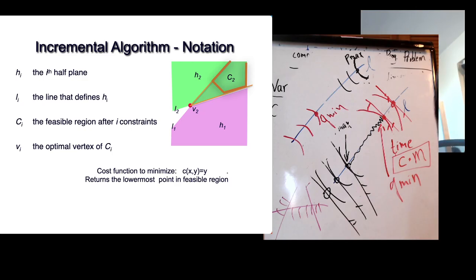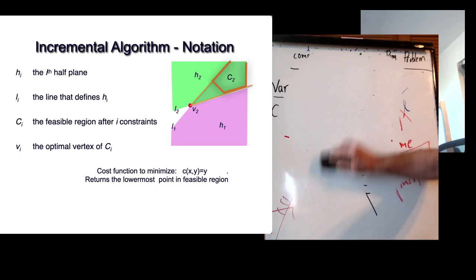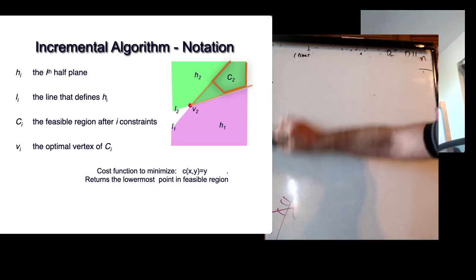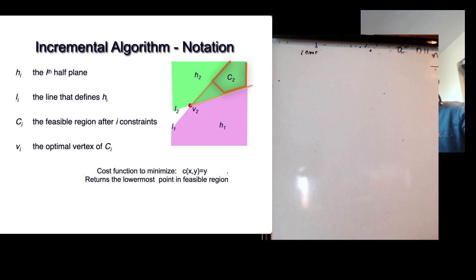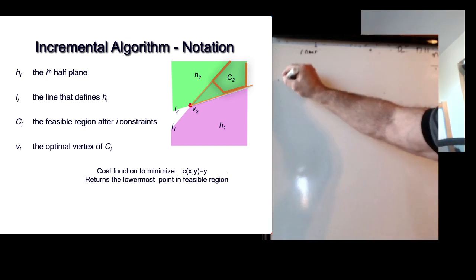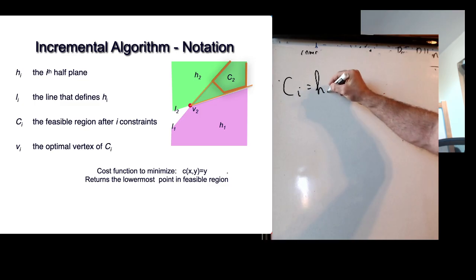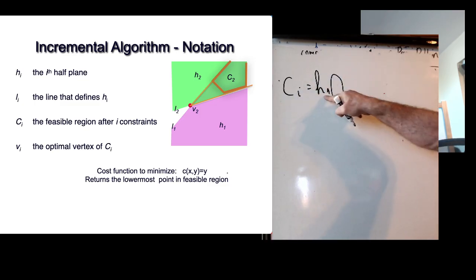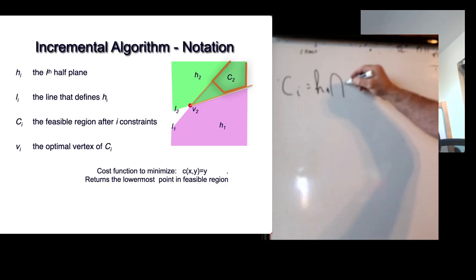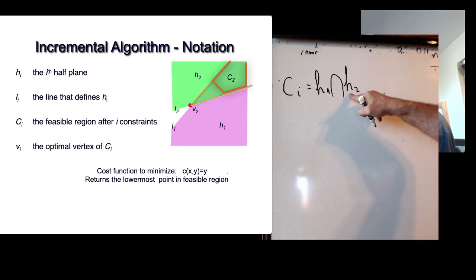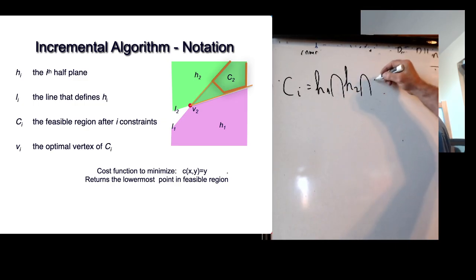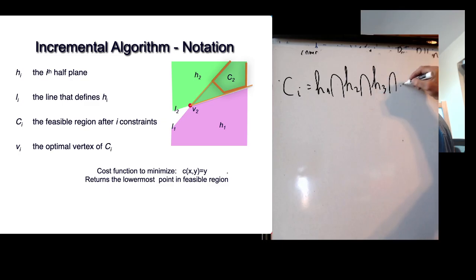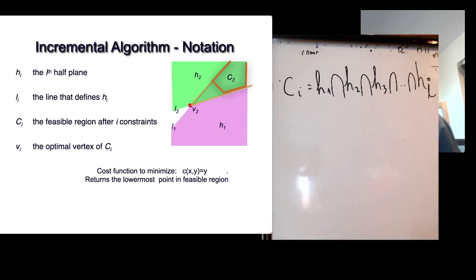That is, C_i are all the points that satisfy the first food ingredient, H1, vitamin 1, and all the points that satisfy also the second vitamin, and all the points of the diet that satisfy the third, intersection with H_i. Note the i over here.